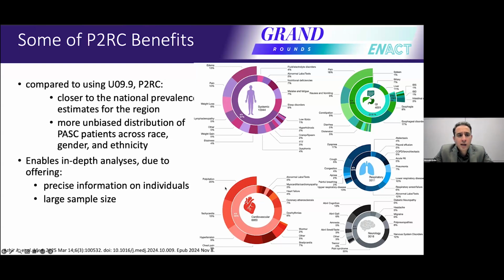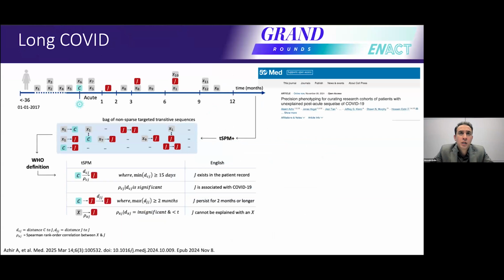The reality was that we were thinking about how you actually implement a computational definition for diagnosis of exclusion. We came up with additional criteria: it has to be persistent, and after COVID, it has to be associated with COVID.